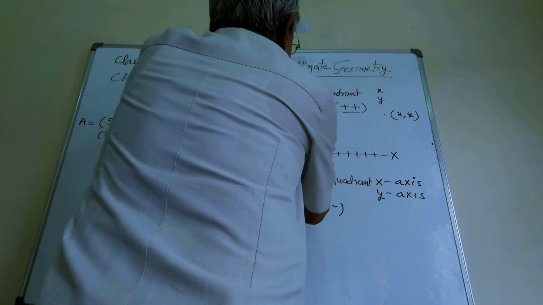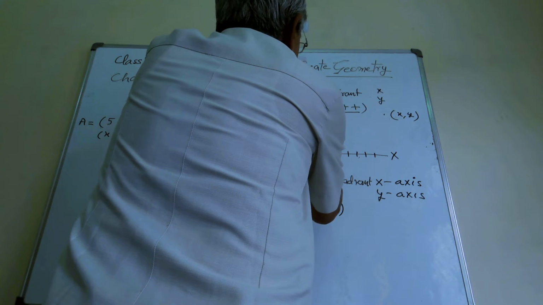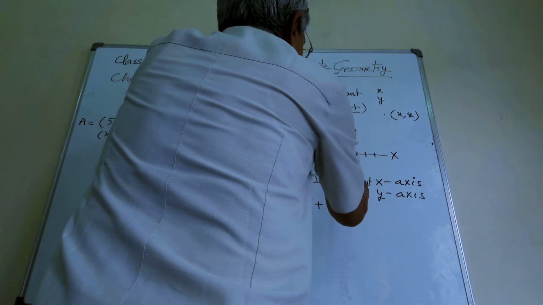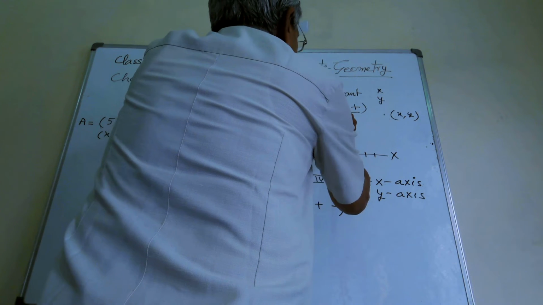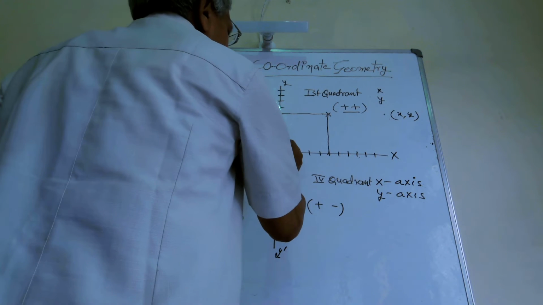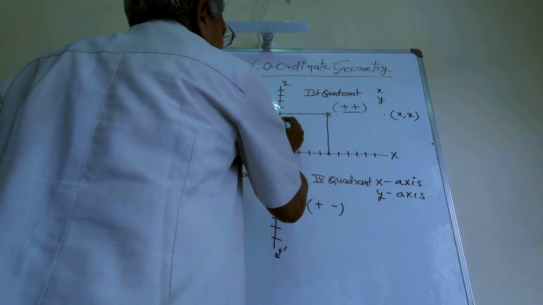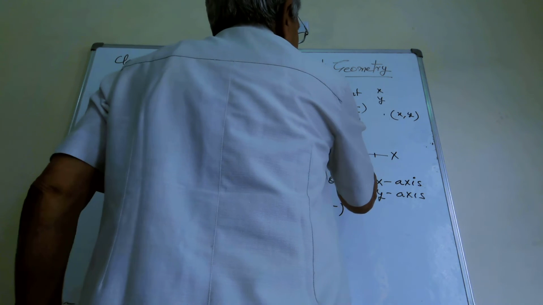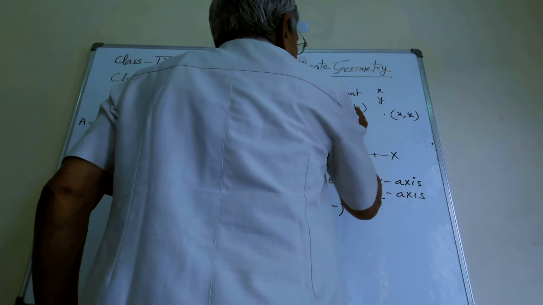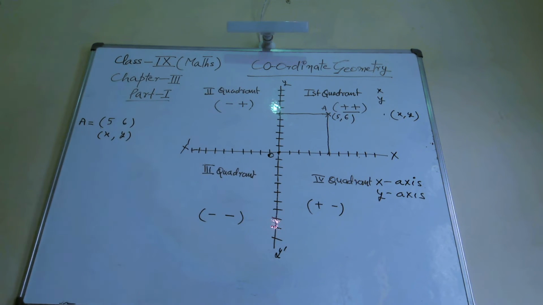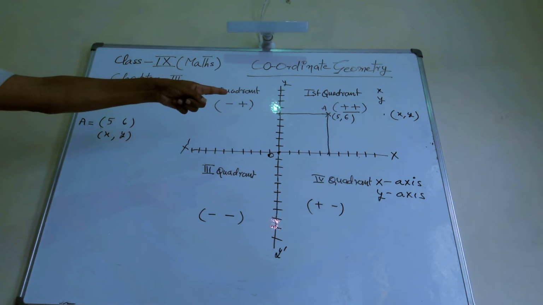This is the point. Y is 6: 1, 2, 3, 4, 5, 6. X is equal to 1, 2, 3, 4, 5. And this is the point A, and the coordinates of this point are (5, 6). This is the position of a point. A point lies in the first quadrant.